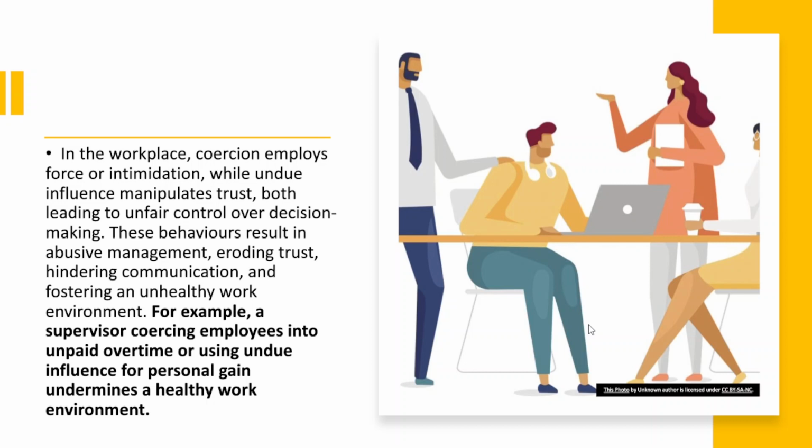Coercion is someone else forcing you to do a particular work which you don't like. On the other hand, undue influence: when you are doing a particular work, either you may like or may not like, but undue influence has been imposed on you. Therefore, it builds excess pressure on you to do that particular work.